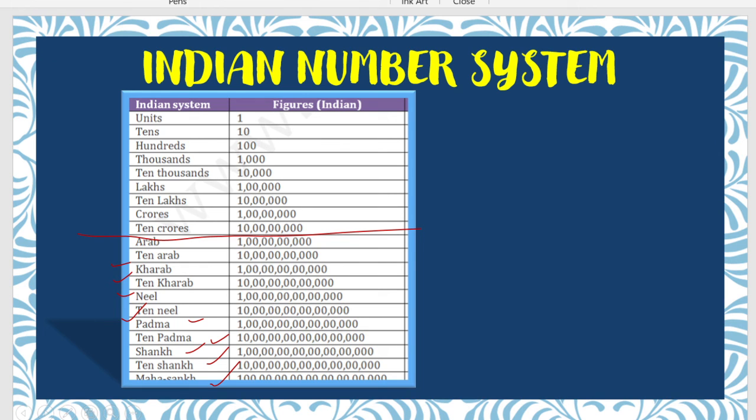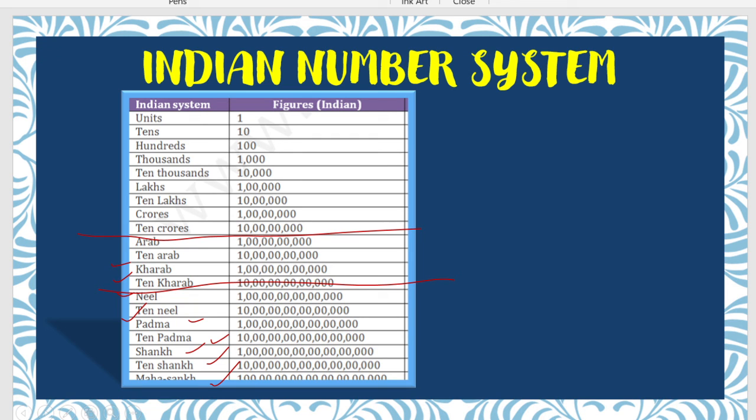You have heard these words, Arab, Kharab, till here. Now to remember the numbers: Neel is blue, Neela Ambar. Bhagwan Shiv is called Neelakantha. So Neel. Then Padma. Padma also means the feet of God, and the flower, lotus, is also called Padam.